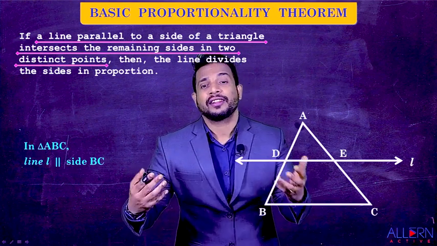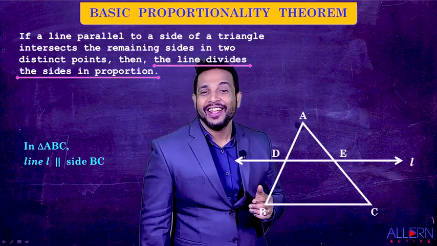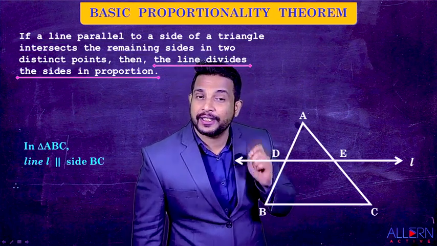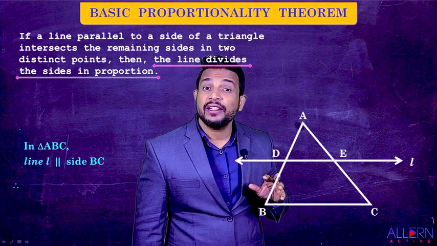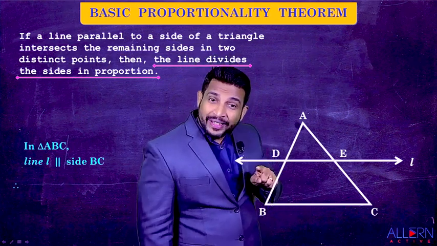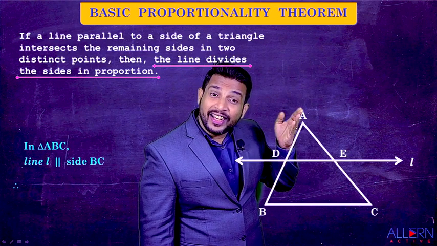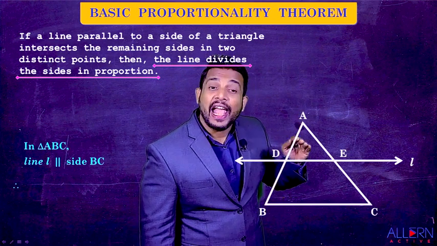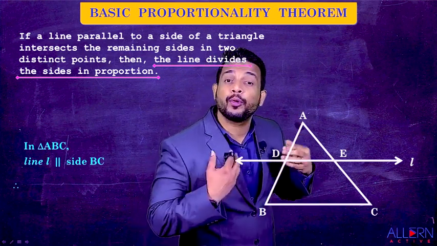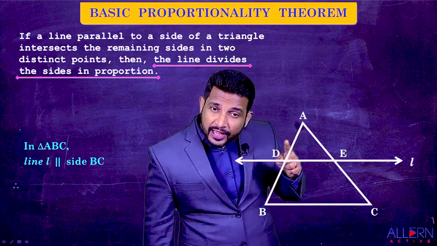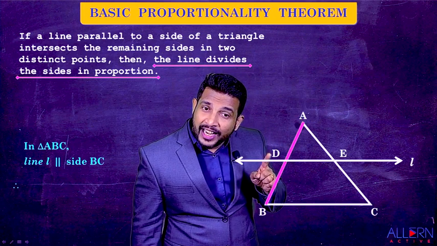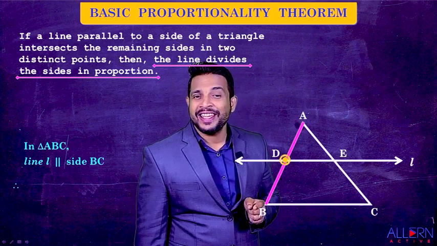So what happens? What's the result? After "then", that's the result. The line divides the sides in proportion. In proportion means equal ratio. That means this line L divides the sides, that is side AB and side AC, in proportion. That means the ratios are equal. Now, this line is dividing AB into two parts, AD and DB, isn't it?